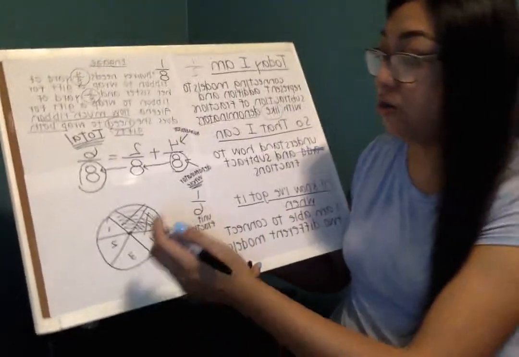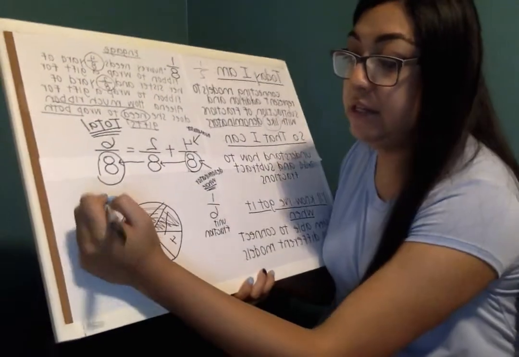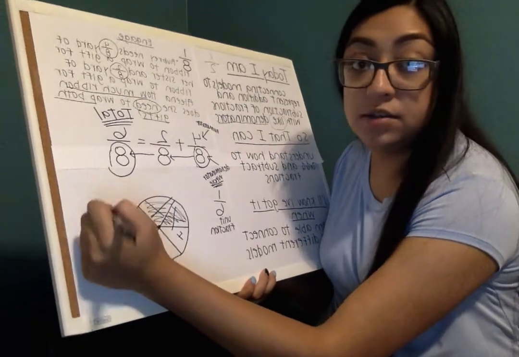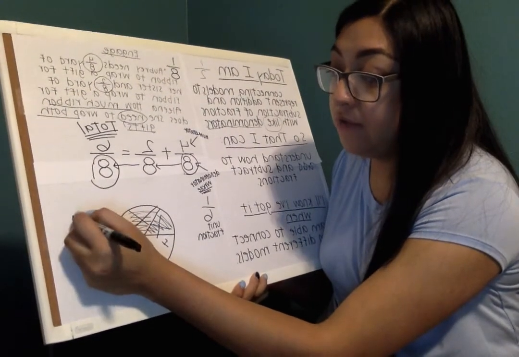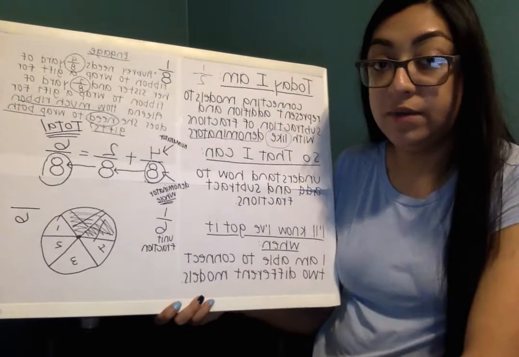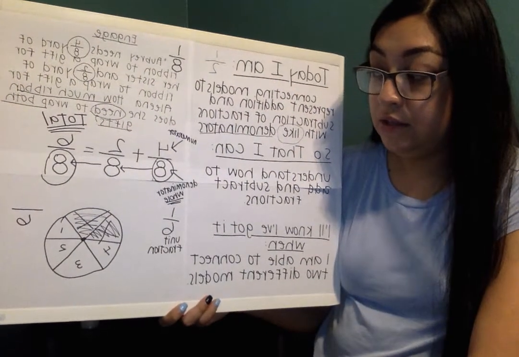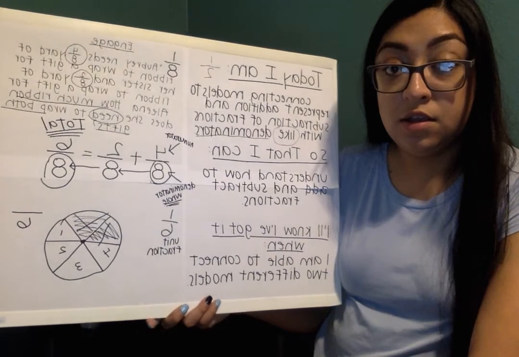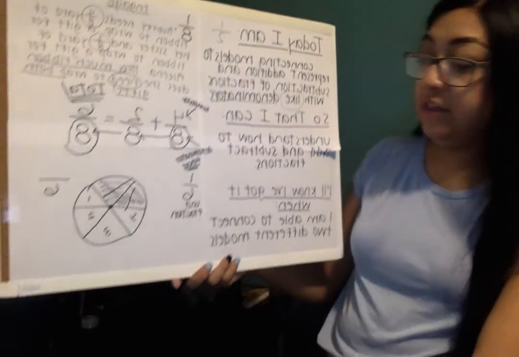So remember, our whole was 6, correct? And now we have to do what's left over. So let's think of it this way.